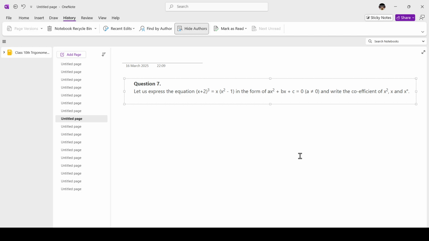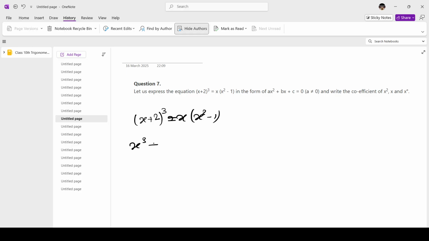So let's do x plus whole cube. This one is the reference. We solve it.